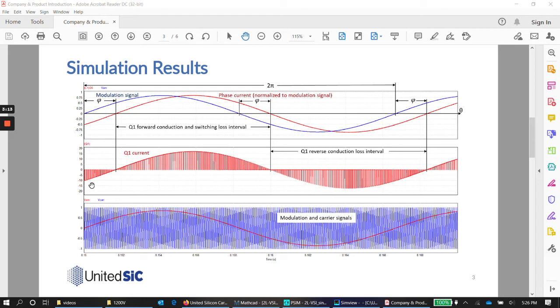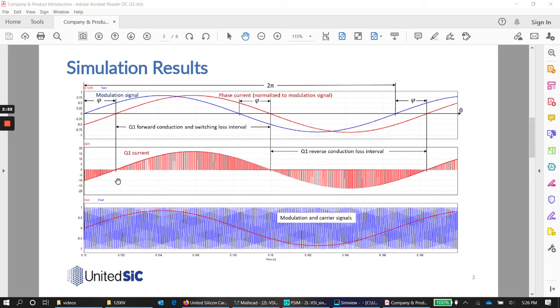Current flows through Q1 in the positive direction during one half of the cycle, and in the negative direction, defined as current flowing into the half bridge, during the other half of the fundamental cycle.